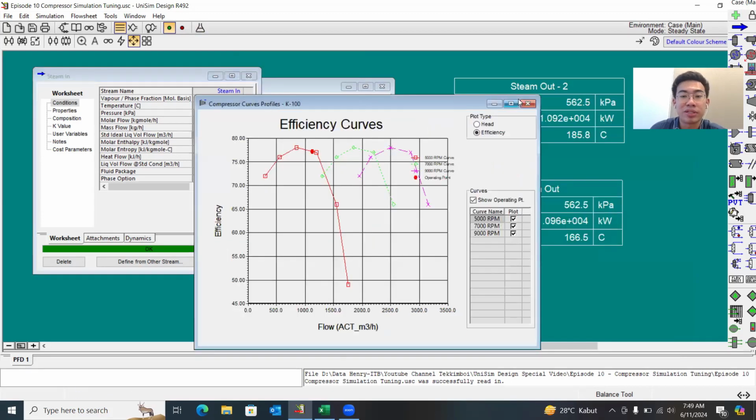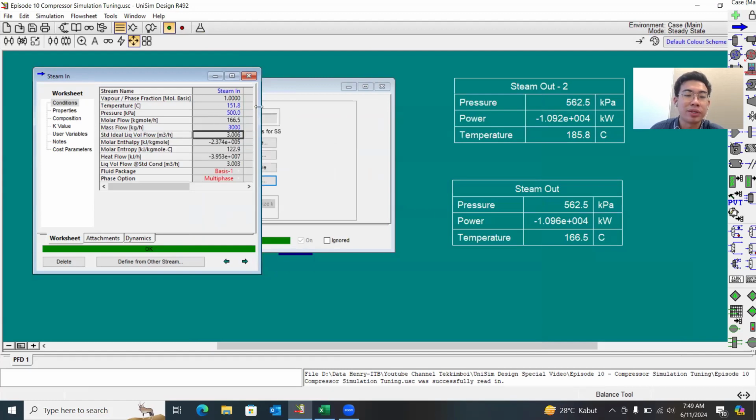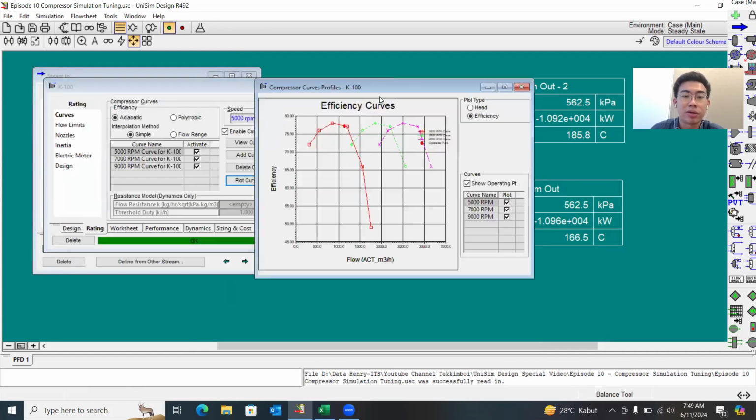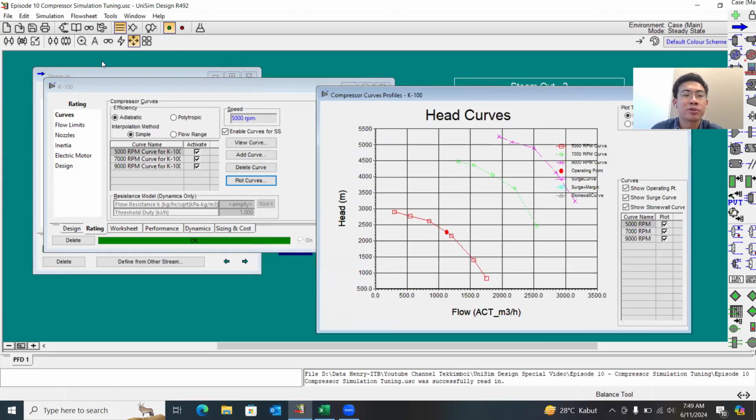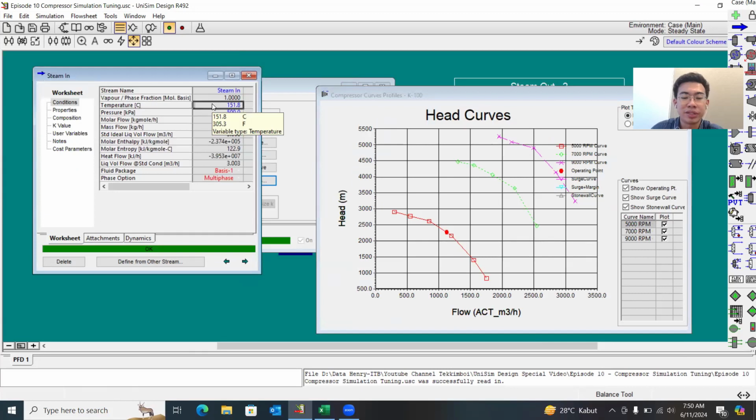The next thing is, what is the effect of pressure and temperature of the inlet on the curve? Let's see. First, if I increase the temperature, you could see that the curve is moving to the right side. Why? Because when I increase the temperature, it also affects the actual volume flow.